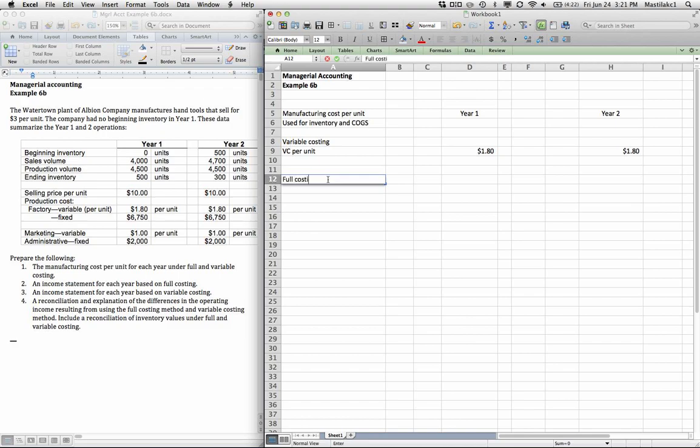So for full costing, we need to include both the variable cost per unit and also the fixed overhead cost per unit. Now, we're not going to do anything to allocate overhead cost any particular way.